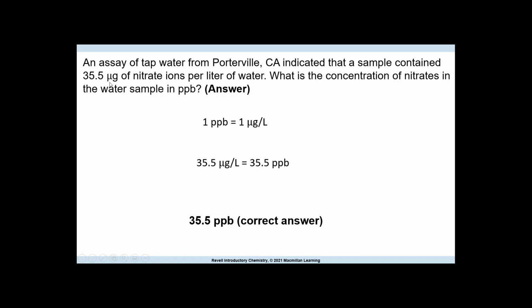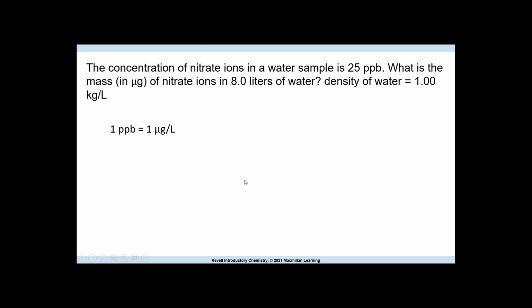So if I have 35.5 micrograms, and that's per liter, I actually have it in the correct units already. I just got to change it over. So when you plug it into the conversion, it actually is already set. So it's 35.5 parts per billion. It's already in it. We just have to use different units.